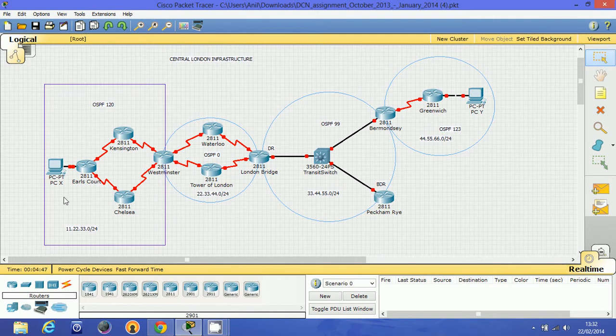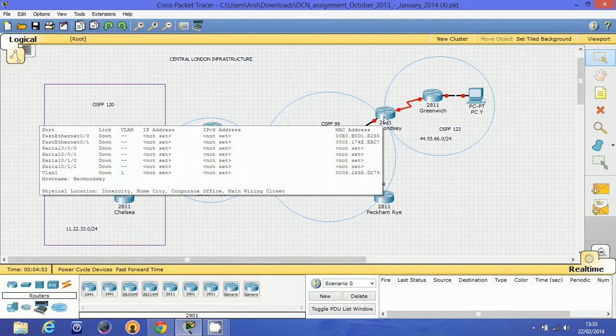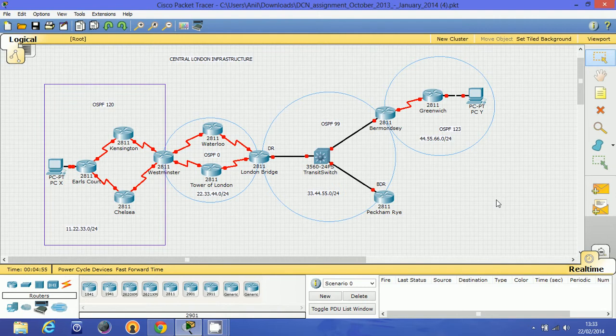In a link state protocol, a network device collects the information of its neighbor devices and advertises the state of those devices.